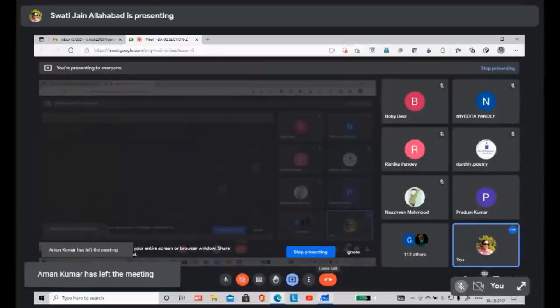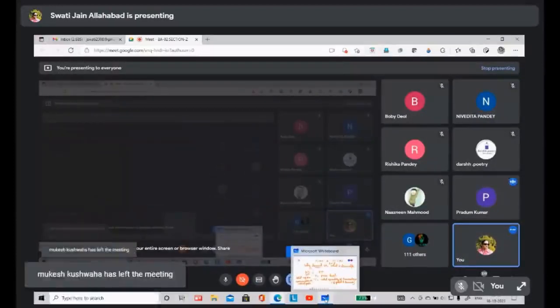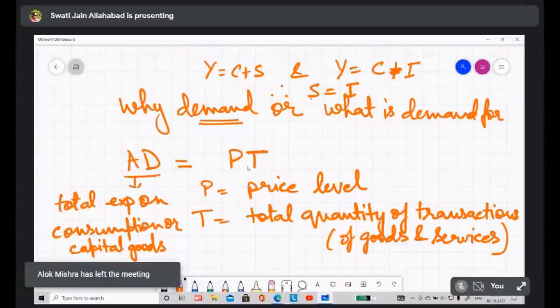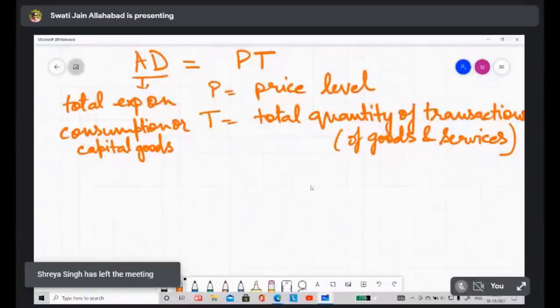Ma'am, what is the difference between prices and wages? There is a difference between prices and wages. Price is the price of goods and services. Okay.